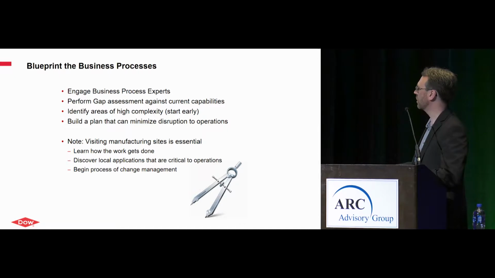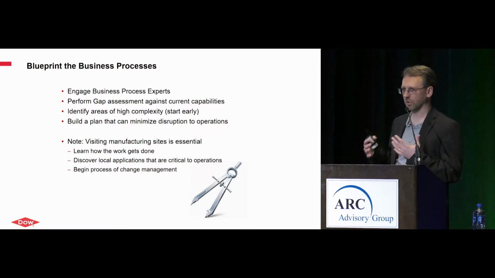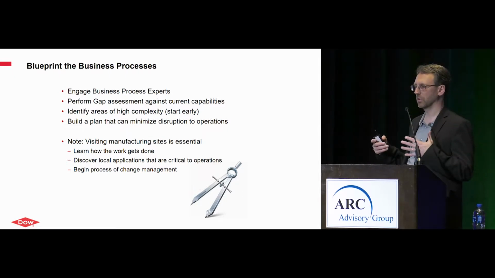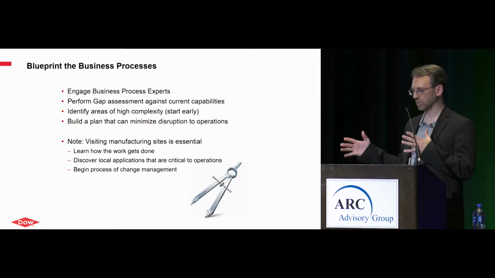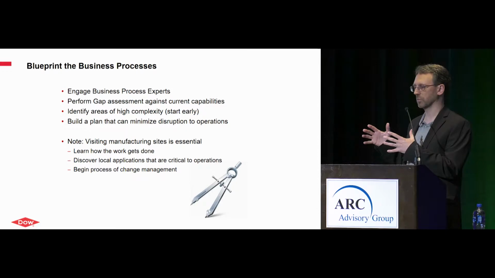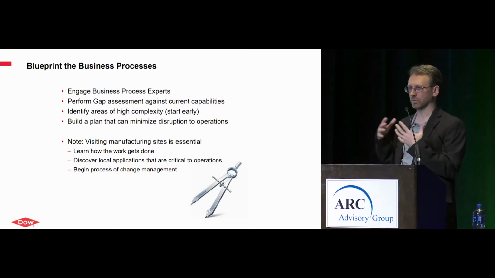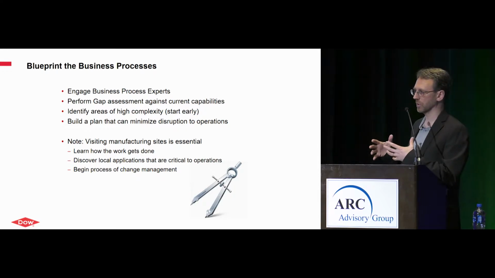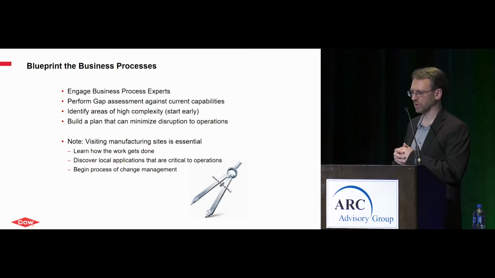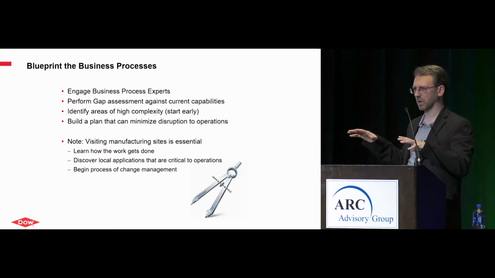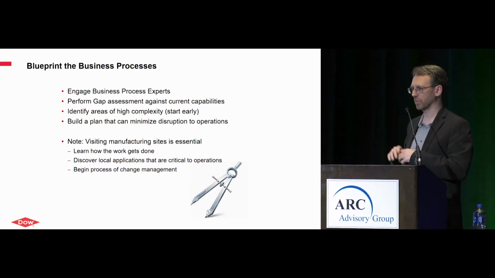So the blueprinting of the business process, I say we start with that because in Dow, our strategy is to harmonize our ERP systems. And in order to bring a new company in, we have to understand what are the differences in business process. In some of the other functions, it's a little bit easier because you can look at it at an enterprise level and get a feel for the processes and do the harmonization at that level.